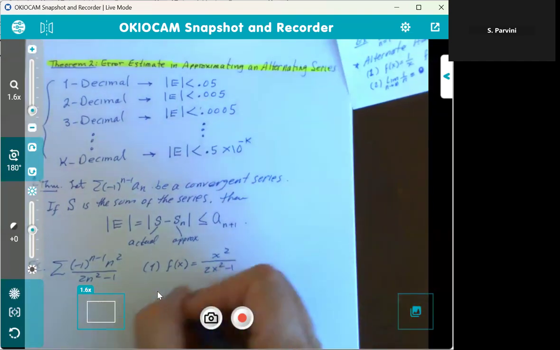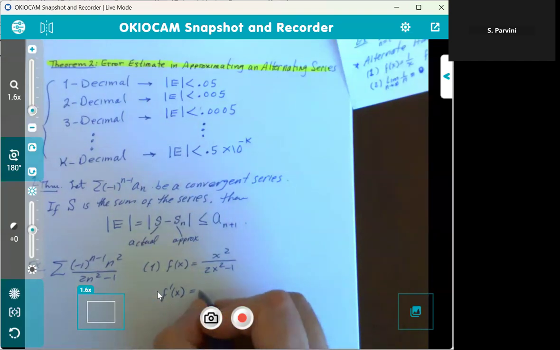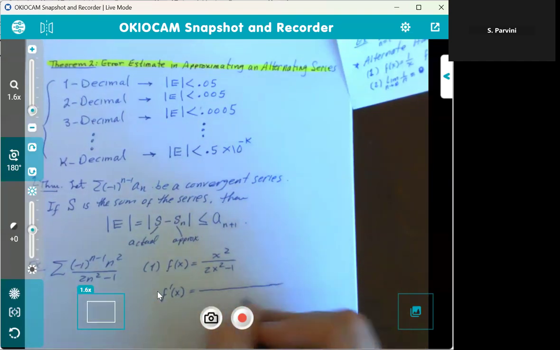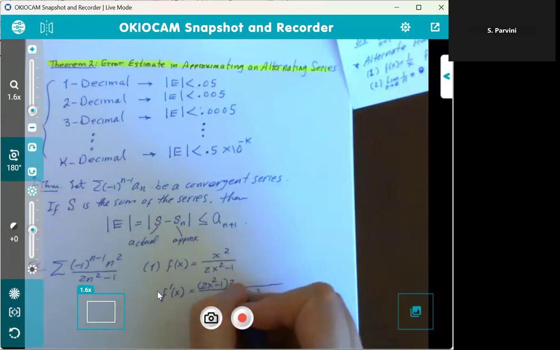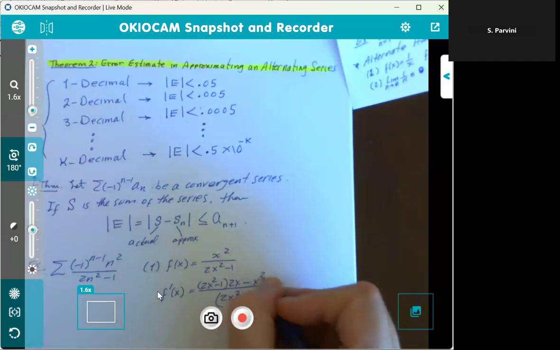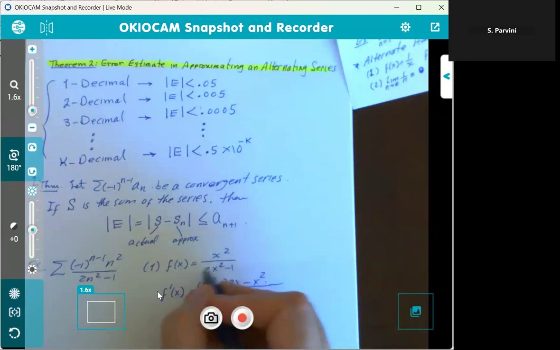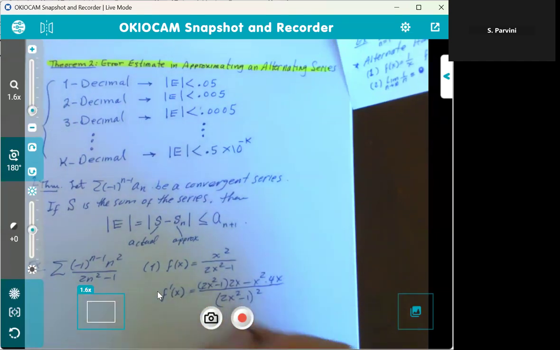Now we can find the derivative, f prime of x. For the derivative, we square the denominator, (2x squared minus 1) squared, which makes the denominator always positive. Then we repeat the denominator times the derivative of the numerator, which is 2x, minus the numerator times the derivative of the denominator, which is 4x. I'm doing the quotient rule of derivatives here.